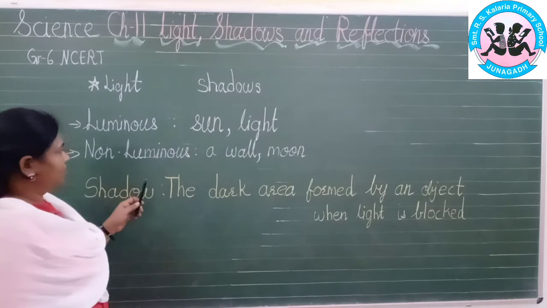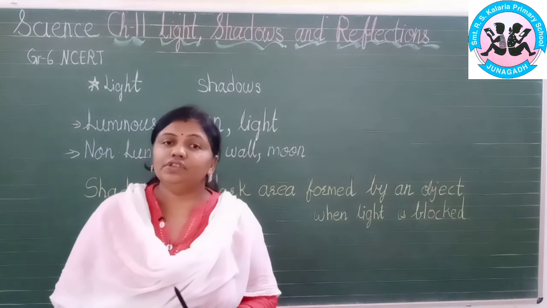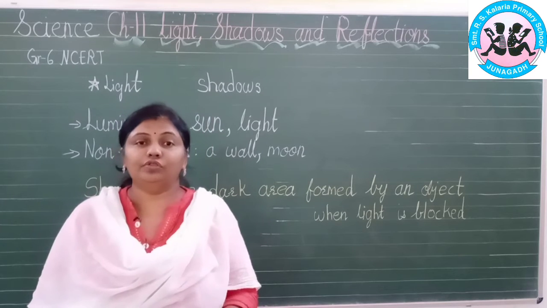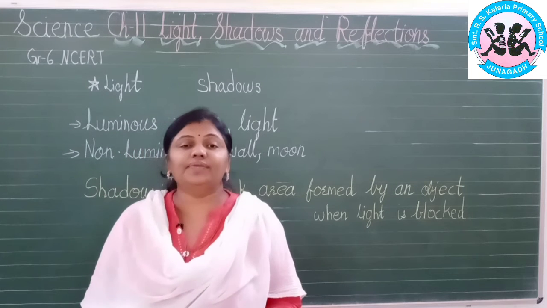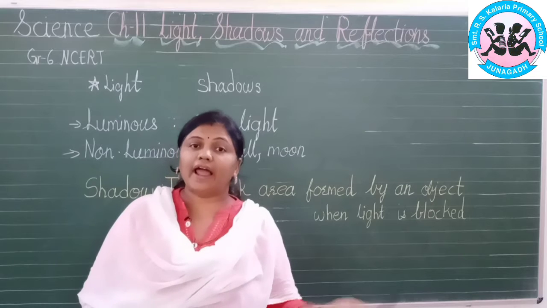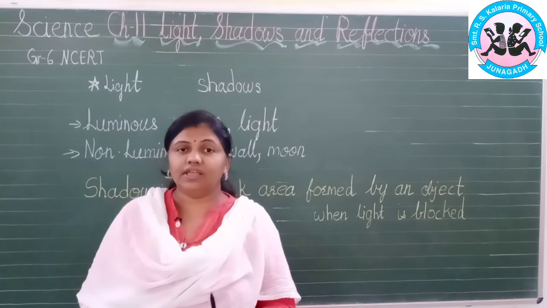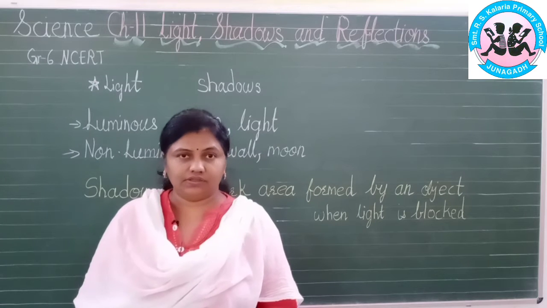Now non-luminous. Non-luminous are the kind of objects which do not have their own light. Very good example, you know that moon. Moon doesn't have its own light. When the light falls on it, we can see it, which means that these kind of objects are non-luminous.